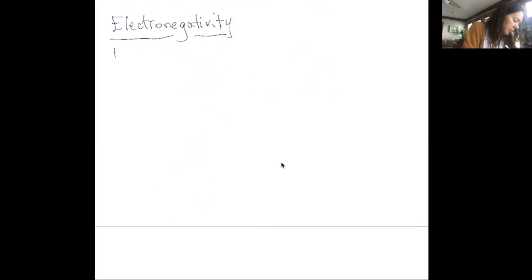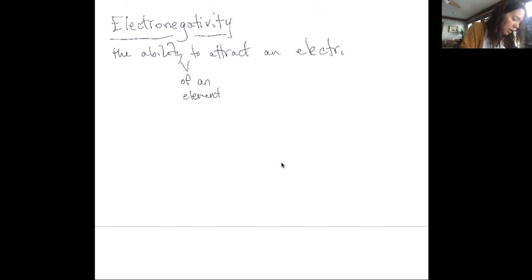This is the ability of an element or atom, we'll just say element, to attract an electron to itself. It could actually be electrons, okay?